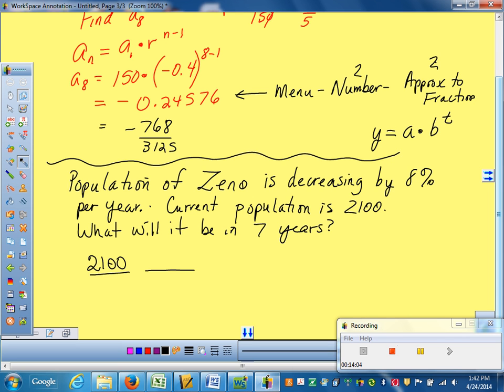Weren't you keeping 97%? Yeah. So in this case, if our population is 2,100, next year we're going to have what percentage of our population left? We're going to have 92% of it left. Yeah, we lost 8% of it, but we're keeping 92% of it. So you'd have to multiply by 92% every single time.